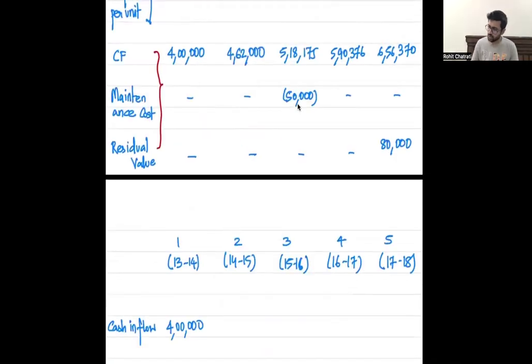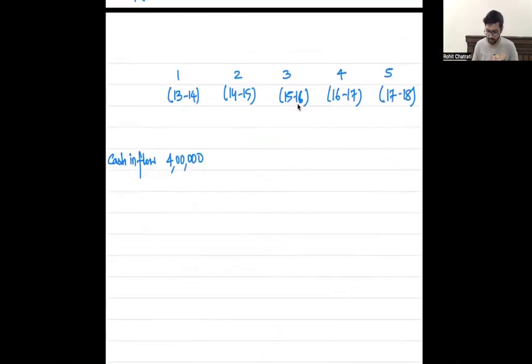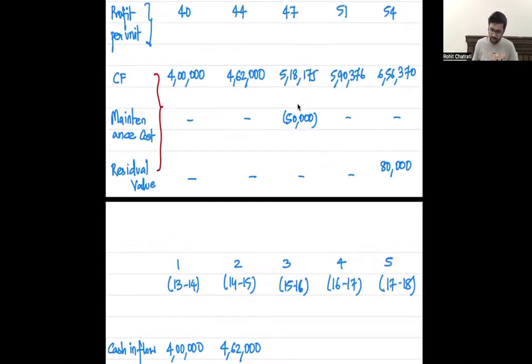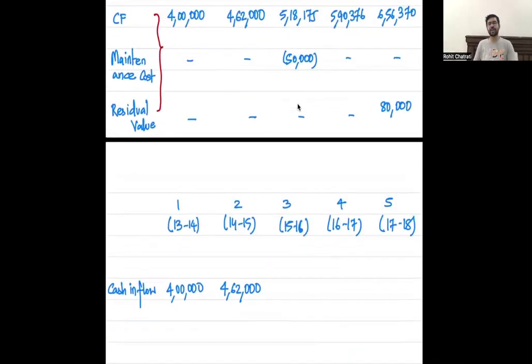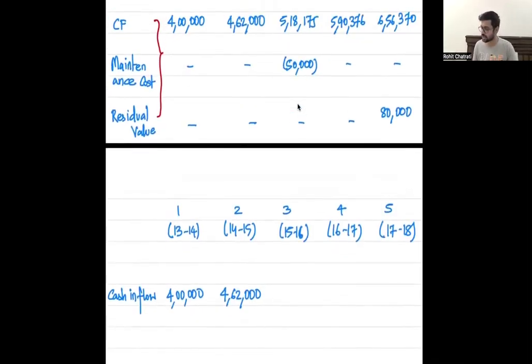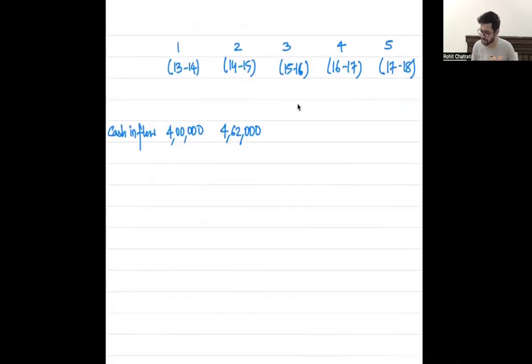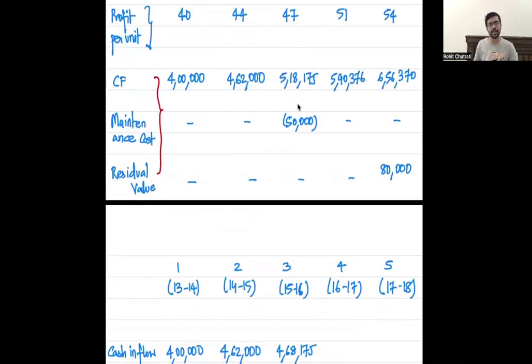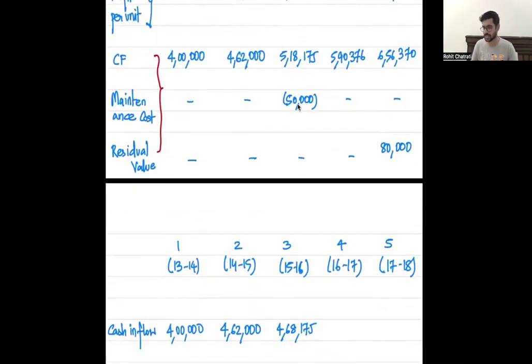All right. Year 2 also, we don't have any other cash flow, so it will be equal to 4,62,000. Year 3, we have 5,18,000 less 50,000, which is going to be equal to 4,68,000.